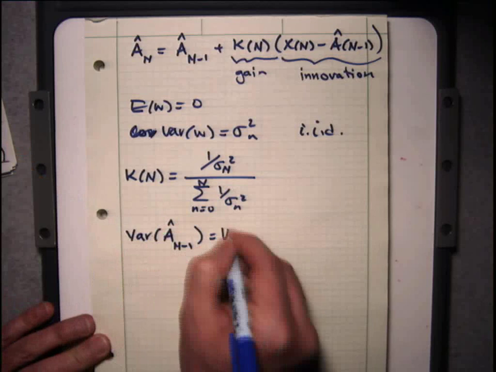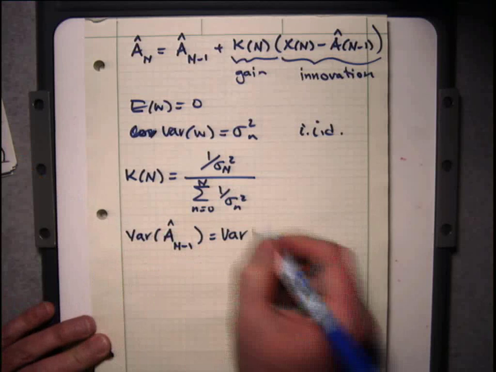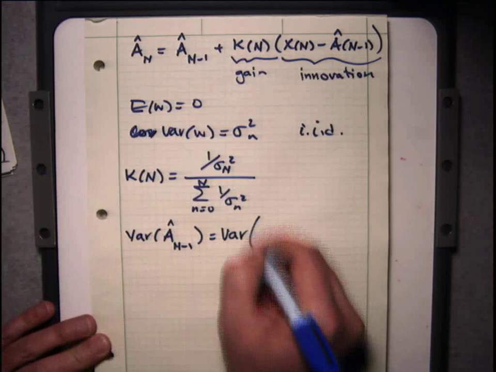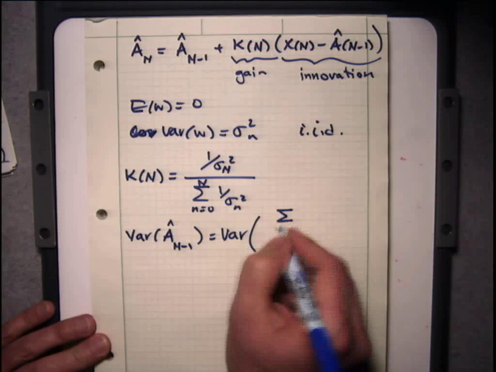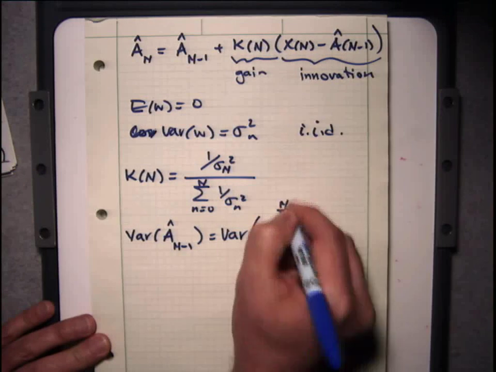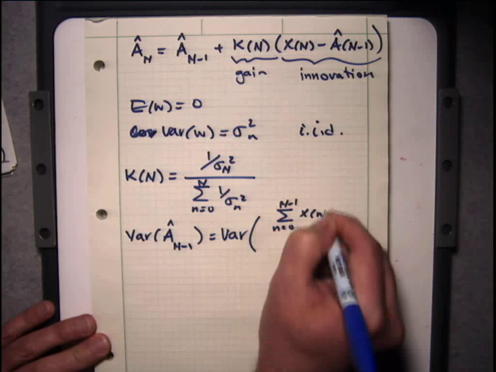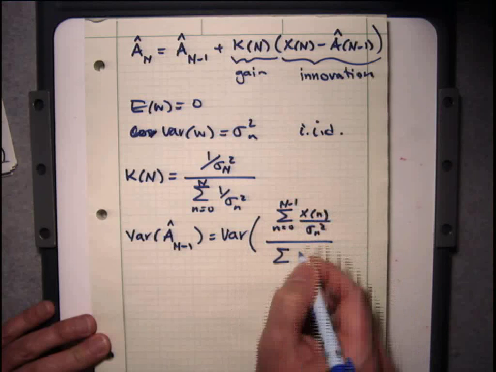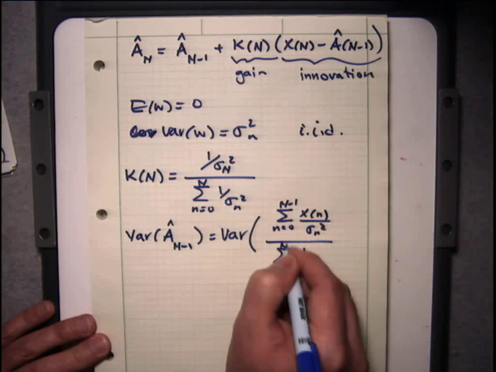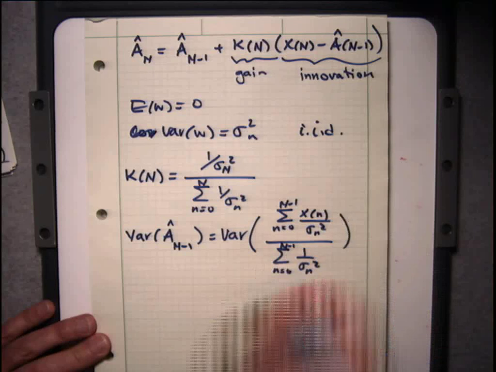So this is going to be the variance of, if you do all of this, the sum n equals 0 to n minus 1 of x of n over sigma n squared, and the sum of 1 over sigma n squared, n equals 0 to n minus 1. Okay?